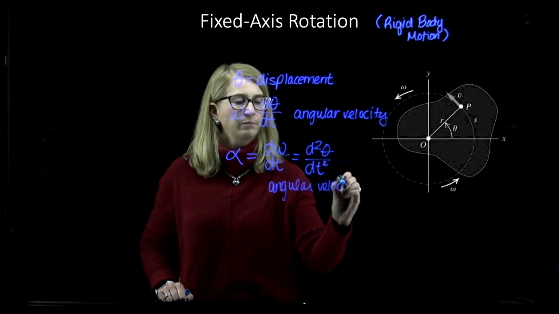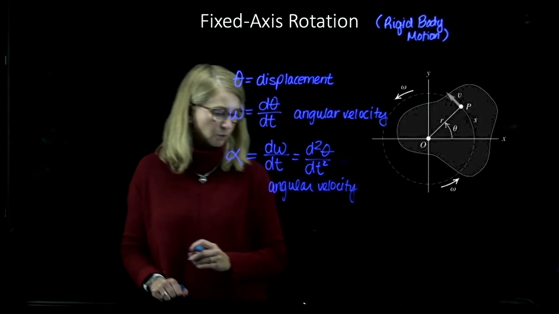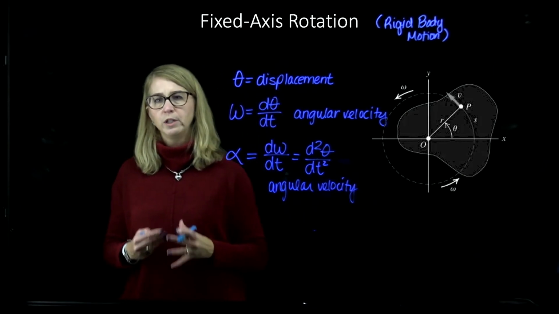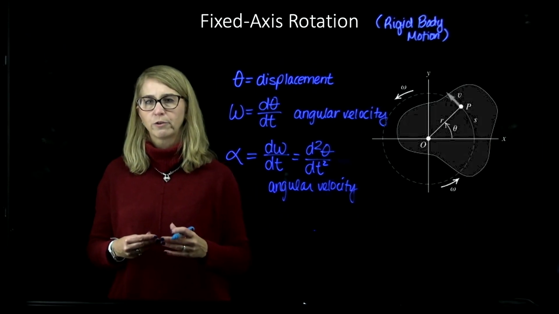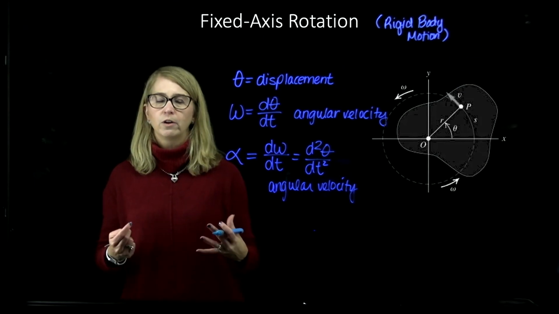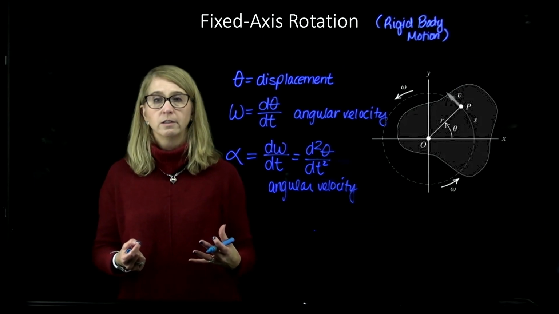So those are the types of terms that we're going to be using to describe things. Of course, the angular acceleration is going to happen if the angular velocity isn't constant.